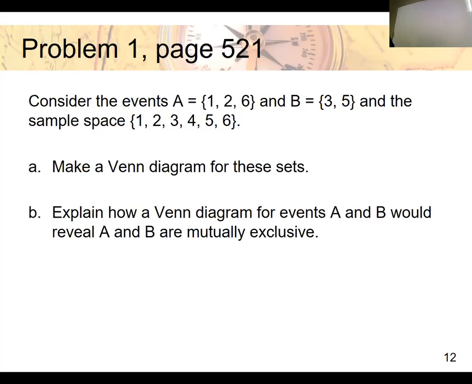Okay. Now let's look at problem number 1, where we have event A, which is 1, 2, and 6. And event B, which is 3 and 5.